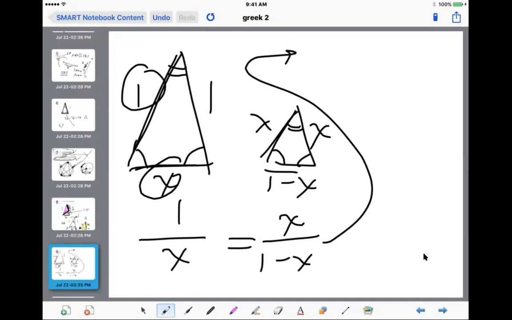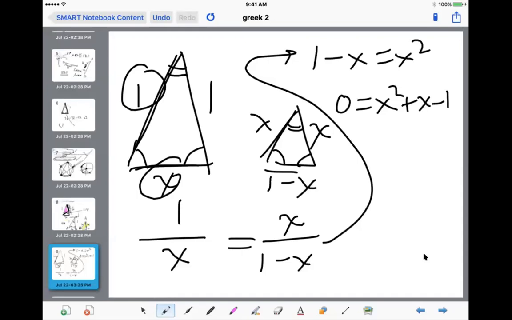Now, when you cross multiply, you get 1 minus x equals x squared, which turns into 0 equals x squared plus x minus 1. Well, that's getting pretty ugly. How do we finish that one out? Won't be able to factor. I see formula. What formula specifically? Quadratic formula.